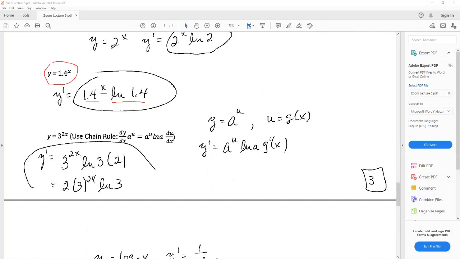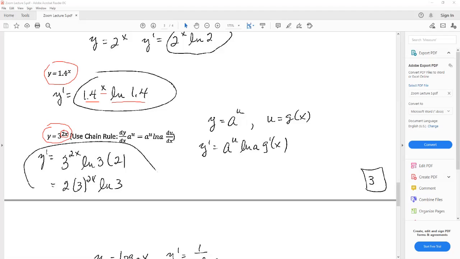What about this one? This one is a little different. Here we do not have a to the power of x. This is a to the power of 2x, which means our power is a function that's not x. That means we have to use the chain rule, which is no big deal at this point, I hope, because we've been using chain rule for a while.